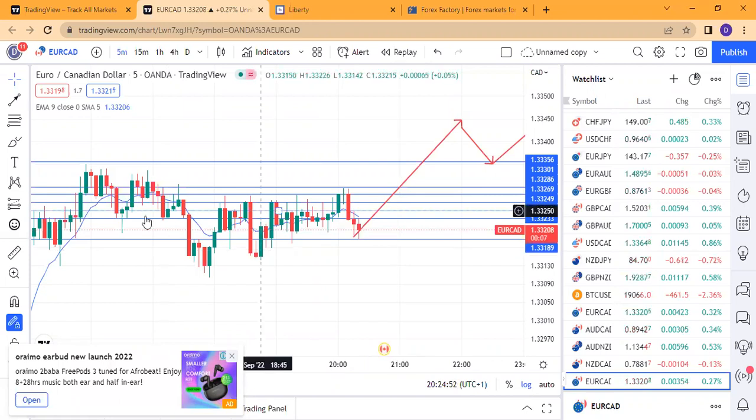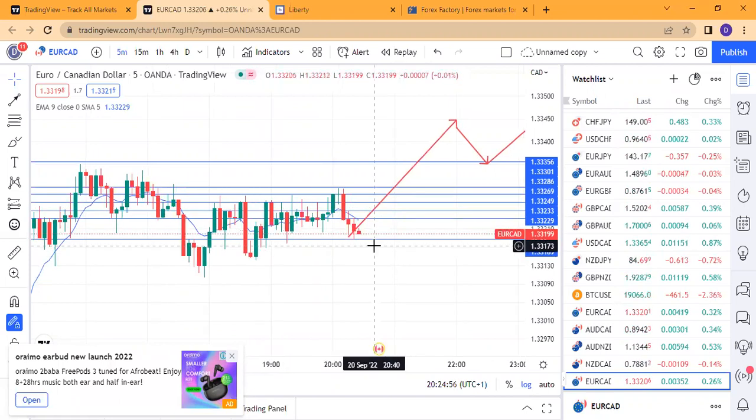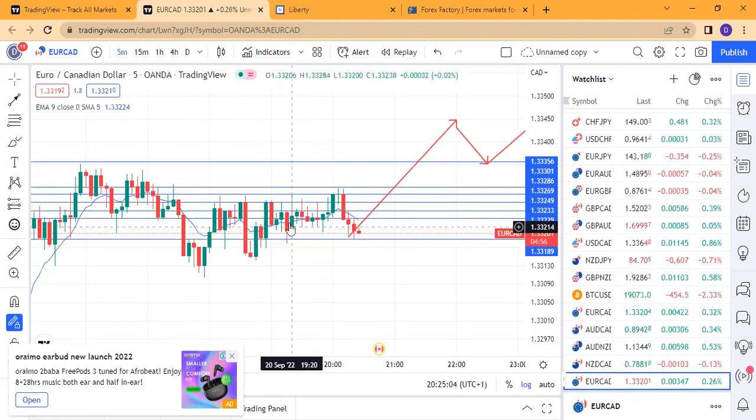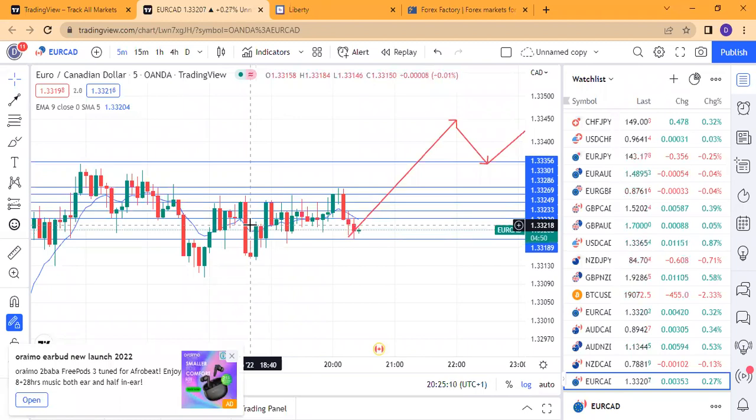We call something a weak zone, medium zone, and a strong zone. A weak zone is maybe a zone that reacted just 1, 2. A medium zone is 2, 3. Why a strong zone like this now?